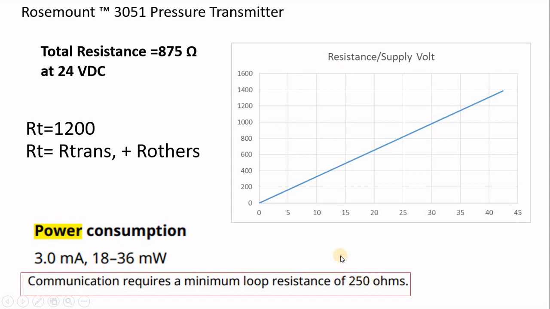The minimum resistance is to satisfy the digital communication. If you have HART communication, then you need at least 250 ohms in your circuit. If you are not running a HART system, then it doesn't matter.